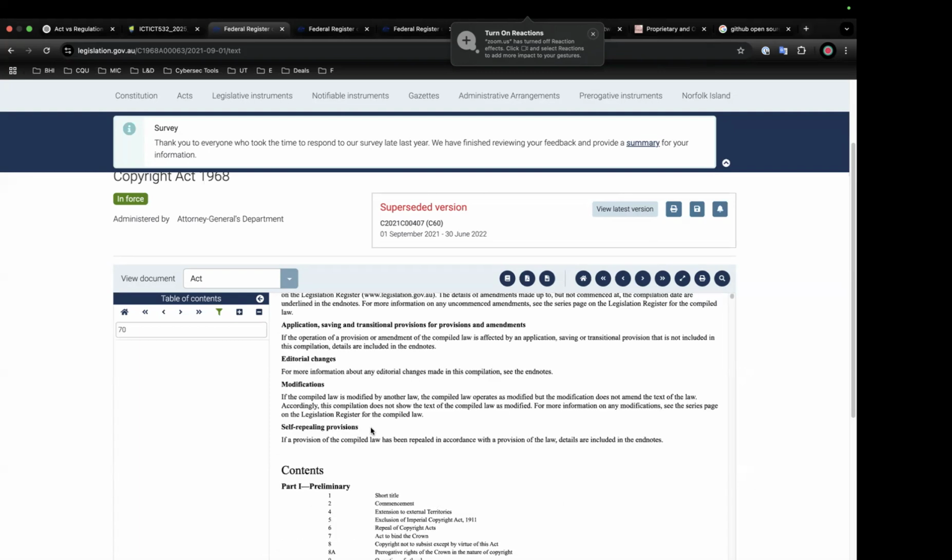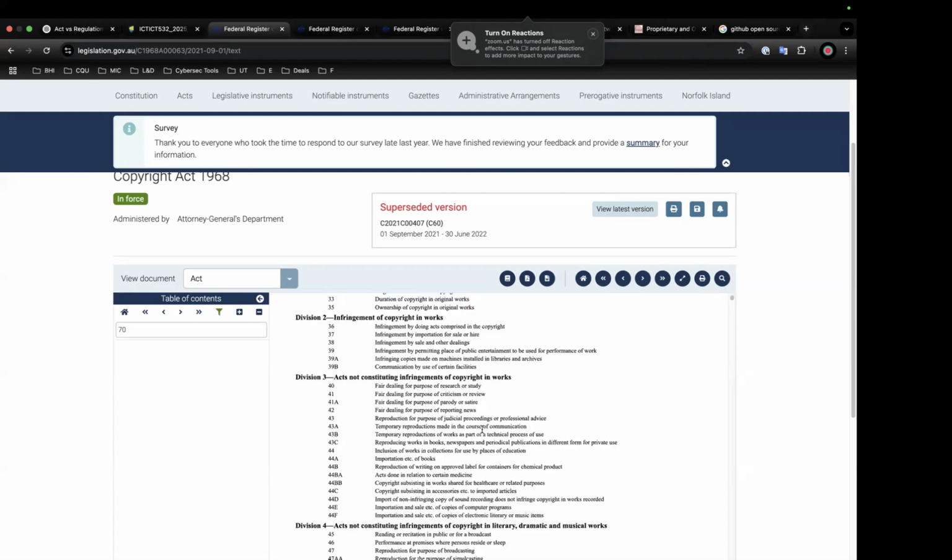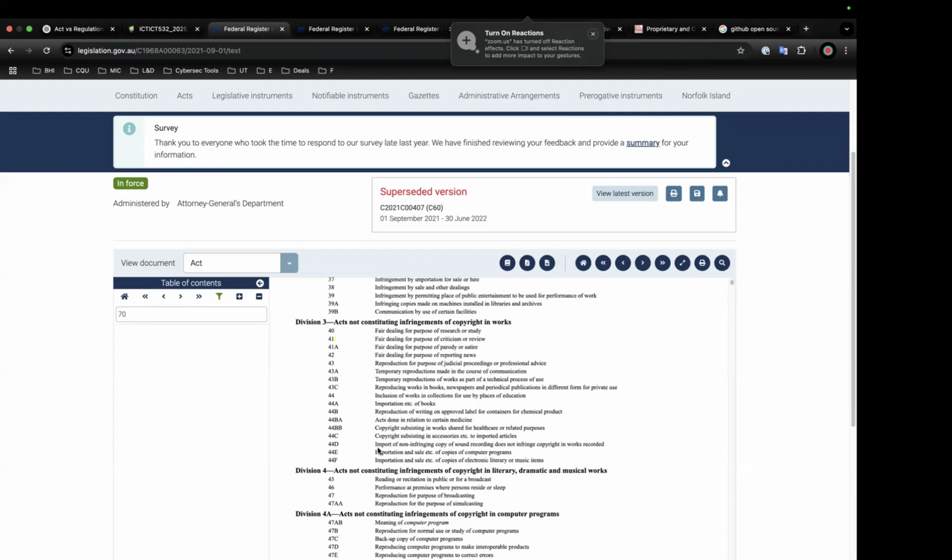Anything else? You can see infringement as well in here. I think those are good talking points. Generally, it'll talk about the definition of copyright protection, duration, and infringements. I think those are the main ones.